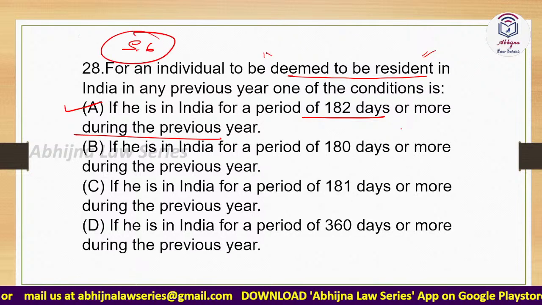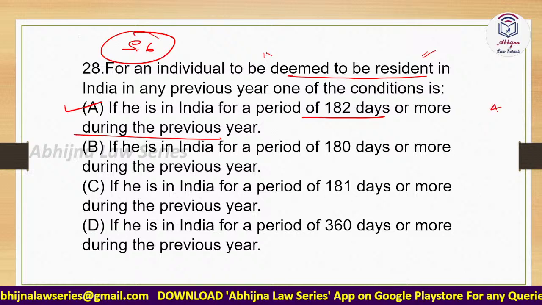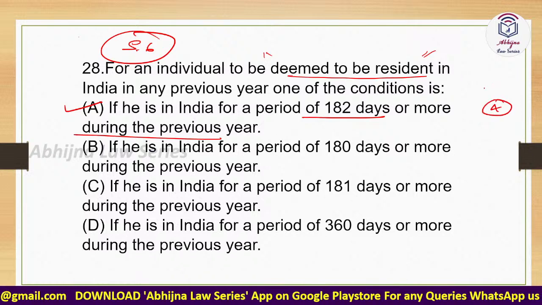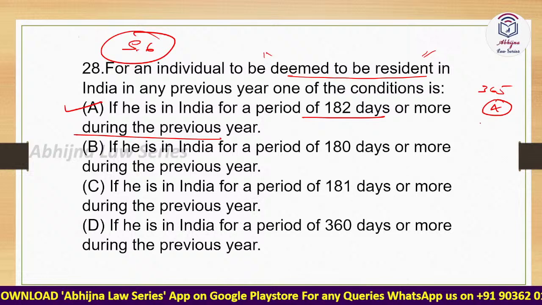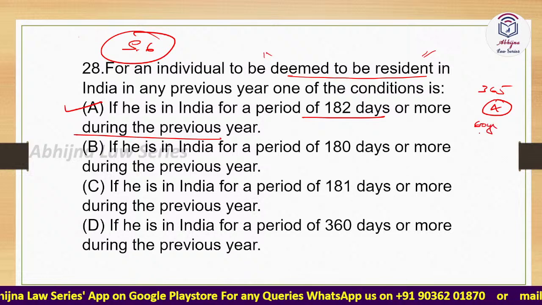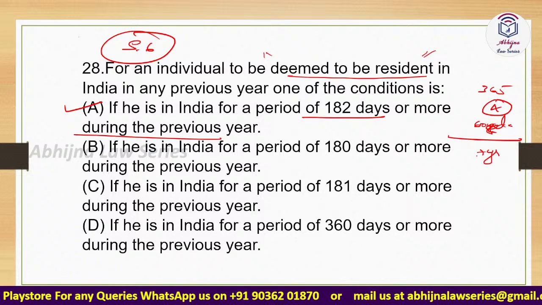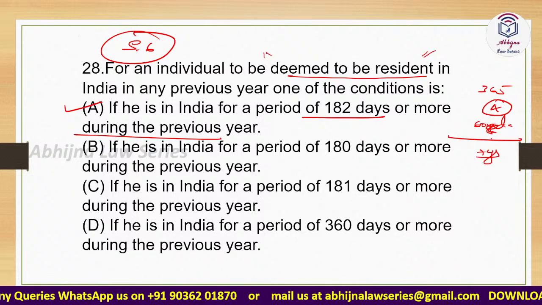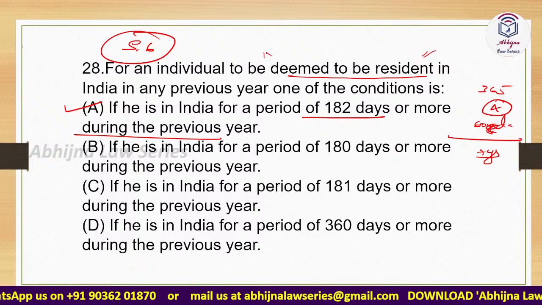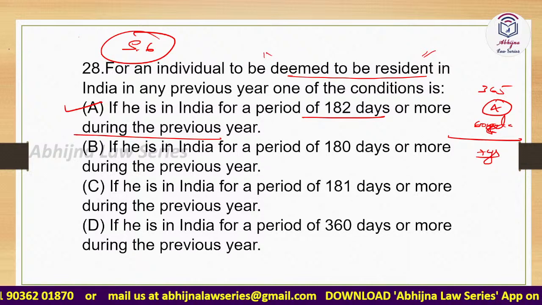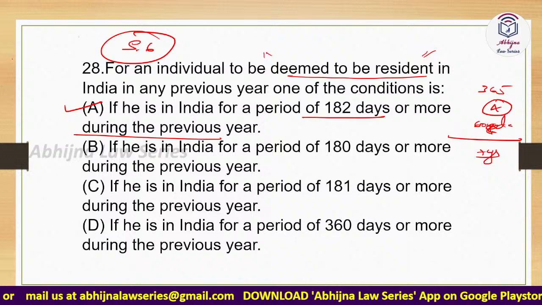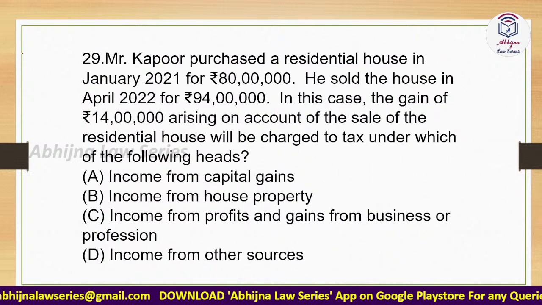If not, there are also other categories, like within 4 years he should have resided for 365 days, and every year at least he should have resided for 60 days, or in the period of 7 years. So, there are different criteria, but remember, in the previous year he should have resided at least for a period of 182 days.